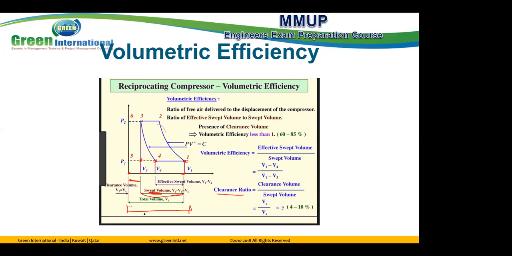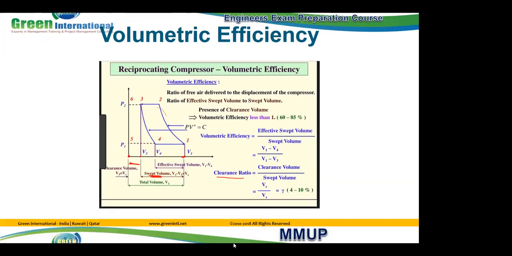Volumetric efficiency is effective swept volume by swept volume. And clearance ratio is clearance volume by swept volume.